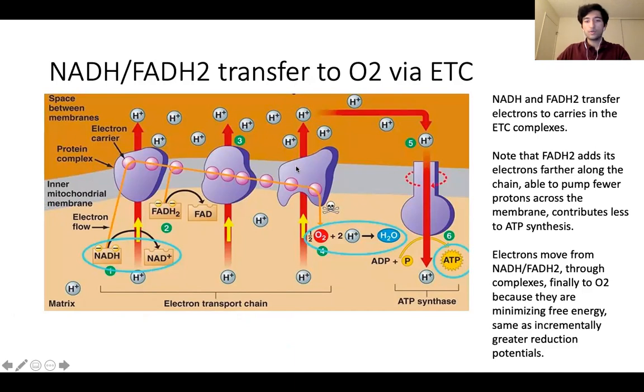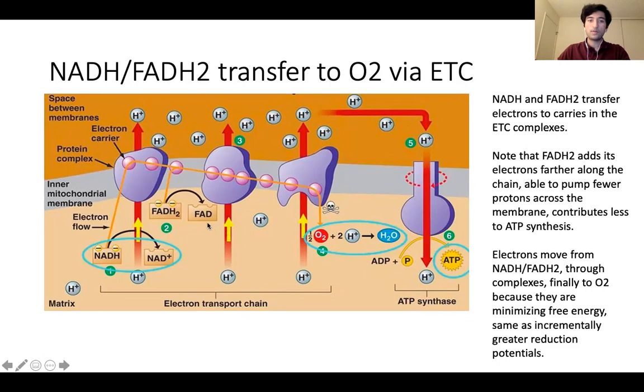The exact process is that these electron carriers interact with the complexes of the electron transport chain. As a result of these electrons moving in a way that minimizes their free energy, so again, for an electron to minimize its free energy, it's moving from a low potential to a higher potential because electrons are more attracted to more positively charged things, you have pumping of hydrogen protons across the membrane, and these protons are ultimately what causes the generation of ATP.